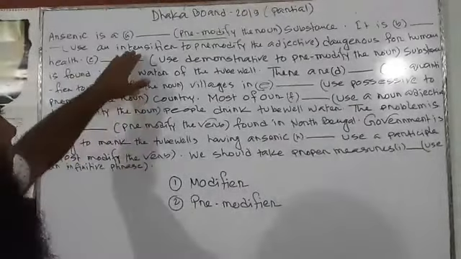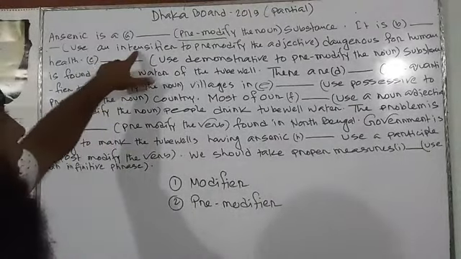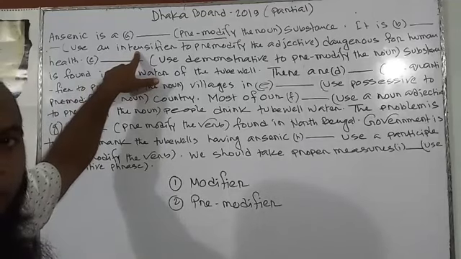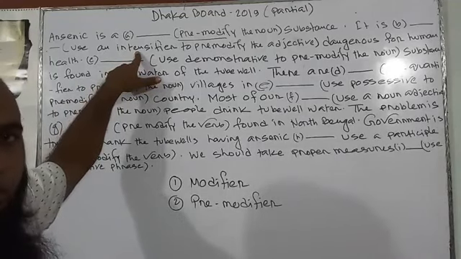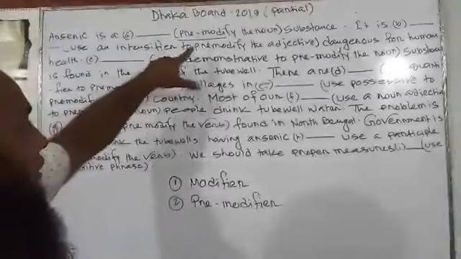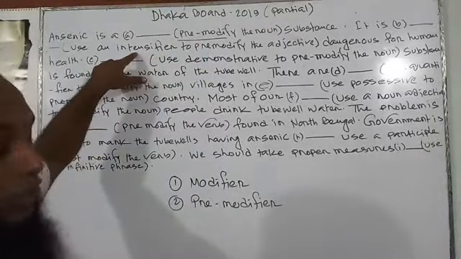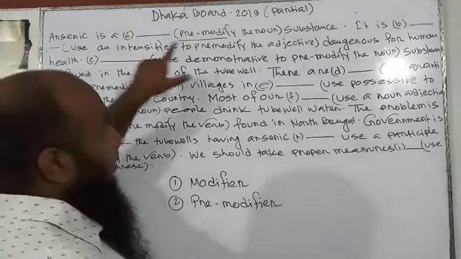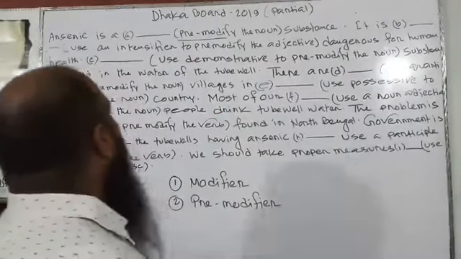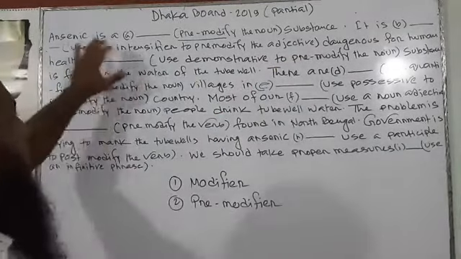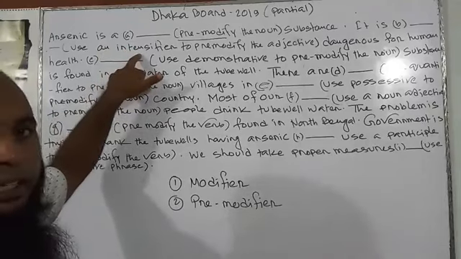It is the blank space as directed, intensifier. Use an intensifier. You must know what is intensifier. Be connected with me and be with me in my next classes and you will understand what is pre-modifier, what is intensifier, everything inshallah. Dangerous for human health. One word will come here, but you should know what is intensifier.